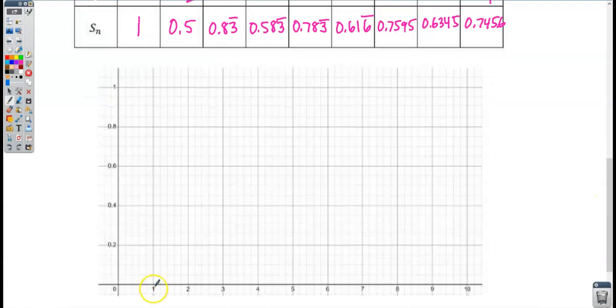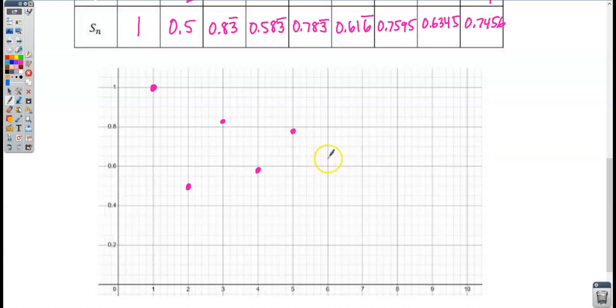All right, let's graph these partial sums. When n is 1, the partial sum is 1. When n is 2, the partial sum is 0.5. Let's plot right there. Then 0.83, this is 0.85, so 0.83 is going to be right about here. 0.583, which is a little bit below 0.6. And then 0.783, which is a little bit below 0.8.